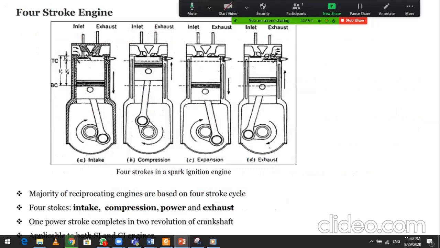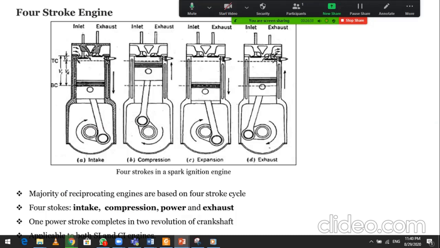And we have another figure of a four-stroke spark ignition engine. In this type of figure, as in books, you can see the inlet valve, the exhaust valve, and TDC and BDC, top dead center and bottom dead center. The majority of reciprocating engines are based on the four-stroke cycle.